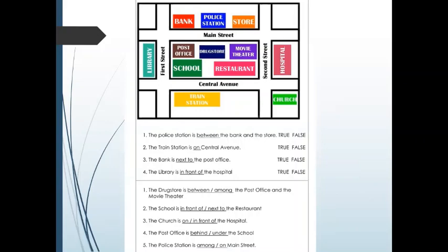So write number 1, just the answer. The police station is between the bank and the store. Look at the picture. Look, where is the police station? So is it between the bank and the store? True, right? The police station is between the bank and the store.